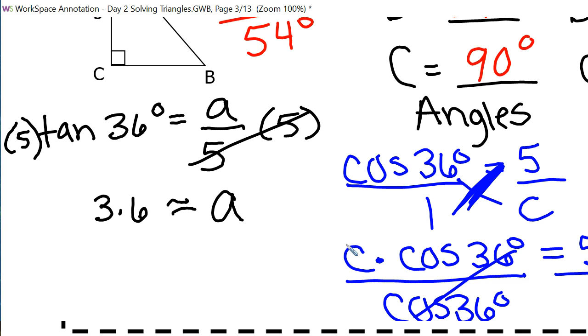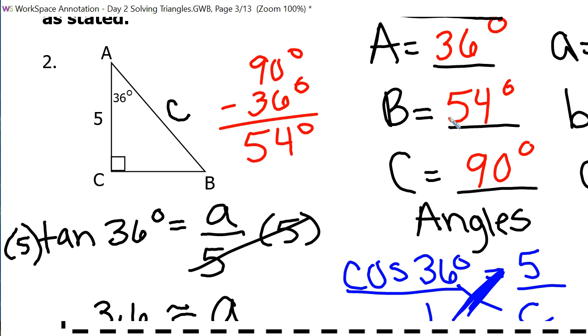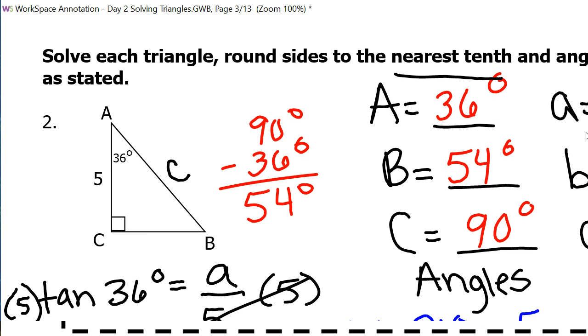And our side length, we're going to round to the nearest 10th. So in your calculator, you need to do 5 divided by cosine of 36. 6.2? Sounds like we agree on that. So for side C, it's 6.2.